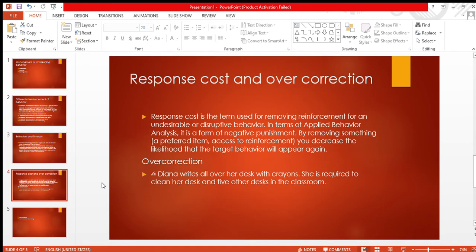Next, response cost and overcorrection. What is response cost? Here we are costing something. Whenever we get the response we are expecting, they get a reinforcement. If the child gives a proper response, they get reinforcement. If we are not getting the response we are expecting, we will not reinforce that activity.